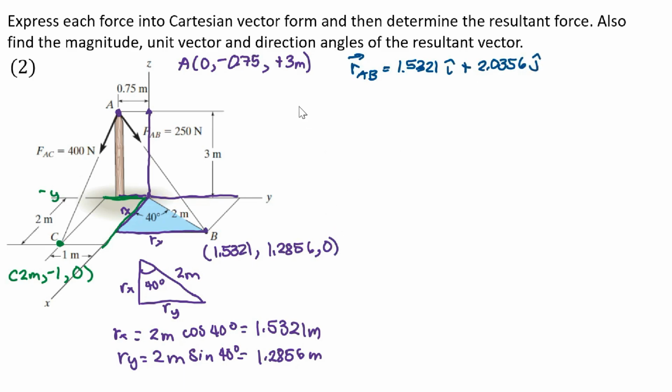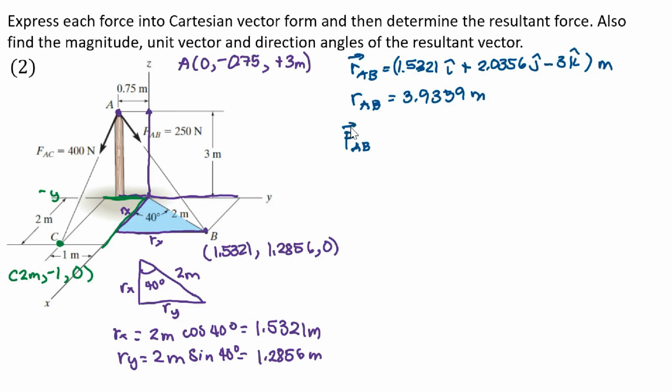And next 0 minus 3, so that is negative 3 k hat, in meters. Then the magnitude of that is equal to 3.9359 meters.